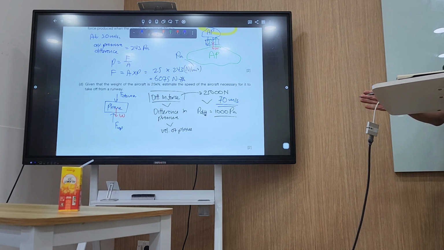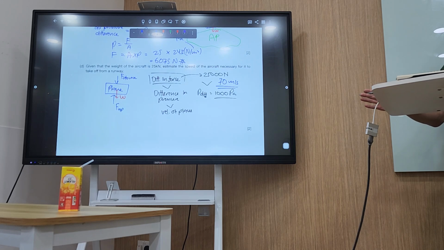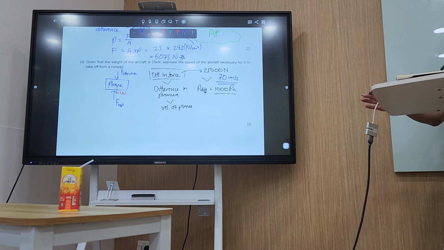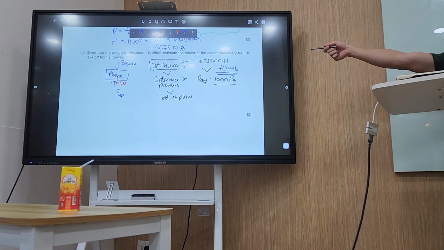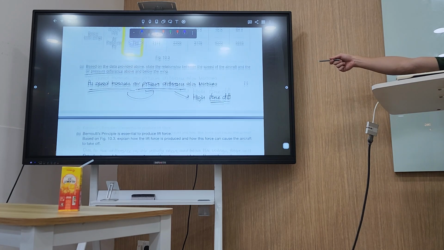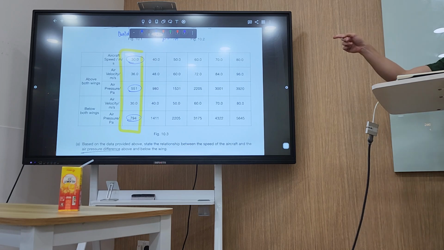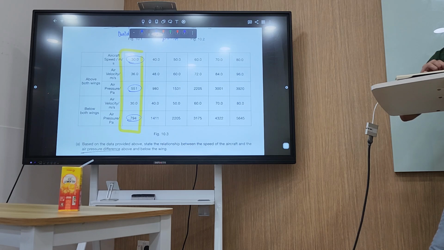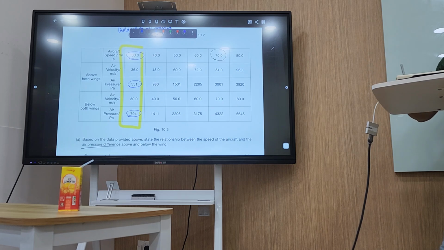How do I use this? Very good question. With my pressure difference, let's look back up at the table. Which velocity gives me a pressure difference of at least 1,000? 70. 3,000 versus 4.3K.